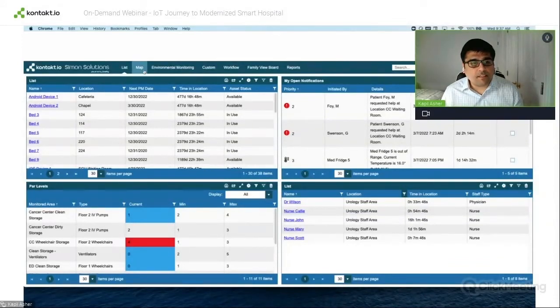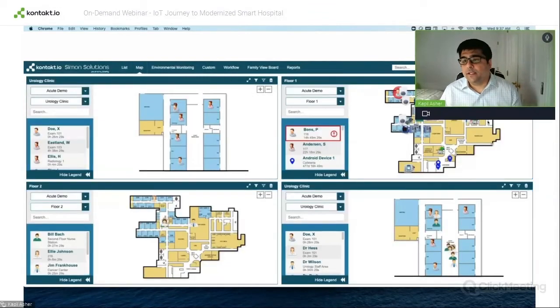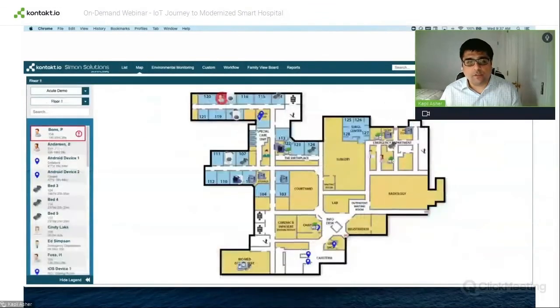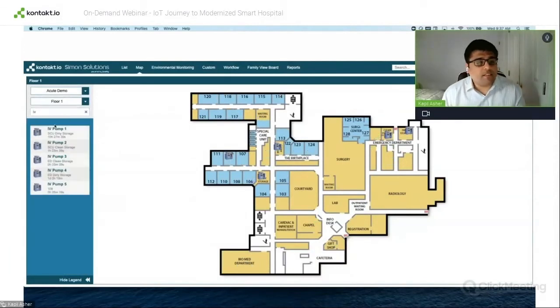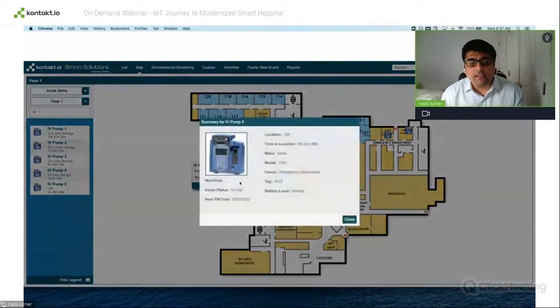So let's see how you can find equipment in our software. So you would just go into the floor you're looking at. You would say, I just want to find IV pumps. So I can just type IV and it just displays the list of 5 IV pumps on this floor. When I click on one of the icons, I can go into more information and it shows more attributes about that asset.